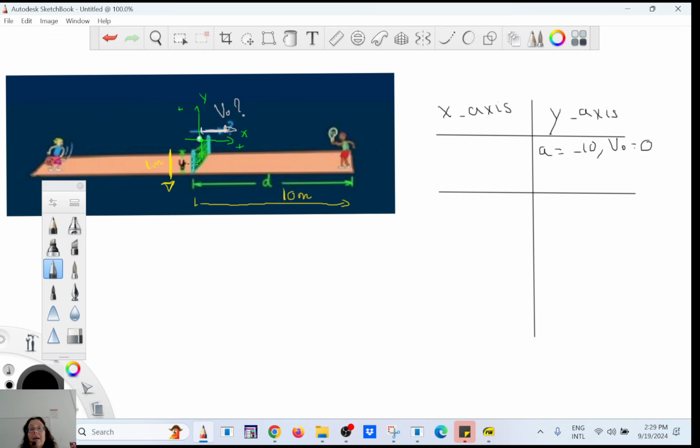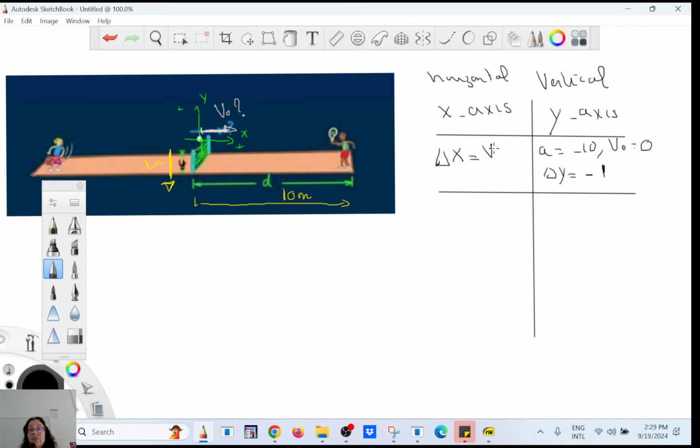Let's see what is given here. We always have delta x equals initial velocity, which I'm looking for, times time. And I know that delta x equals 10. If I should be exact, I should not do it this way.